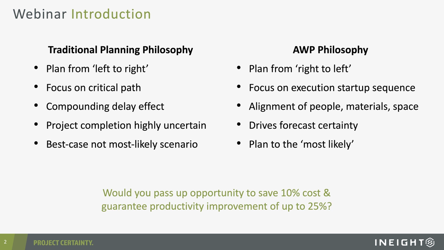I think because of that, traditional planning has really generated what I call the best case scenario versus the most likely scenario. So with that, when we start to look at this emerging planning technique known as AWP, I think probably the biggest mindset change is that, first of all, we're planning from right to left. We don't start with a defined start date. We actually start with a defined completion date.